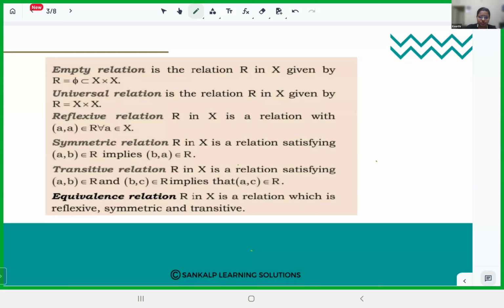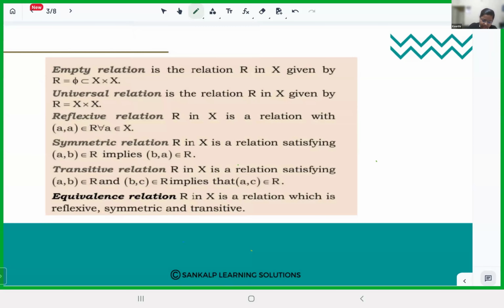Now, what do you mean by a reflexive relation? A reflexive relation is nothing but the ordered pairs, where all the elements in the set should relate to themselves, right? Here you have the definition.